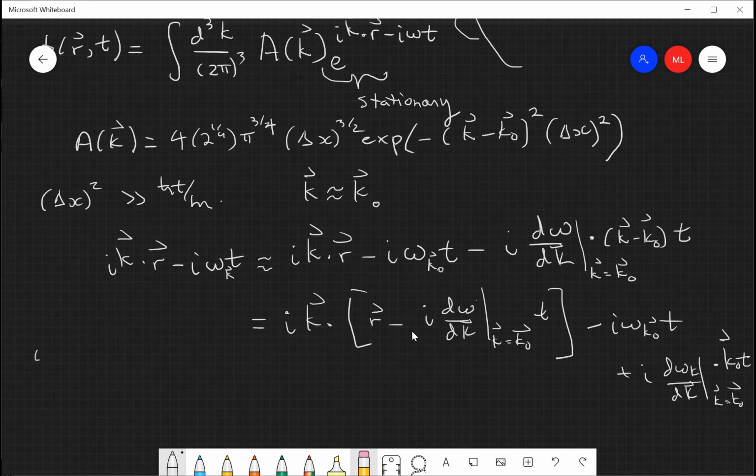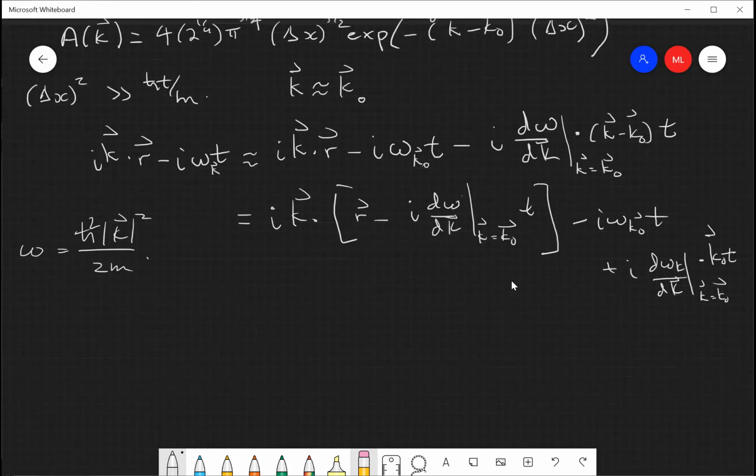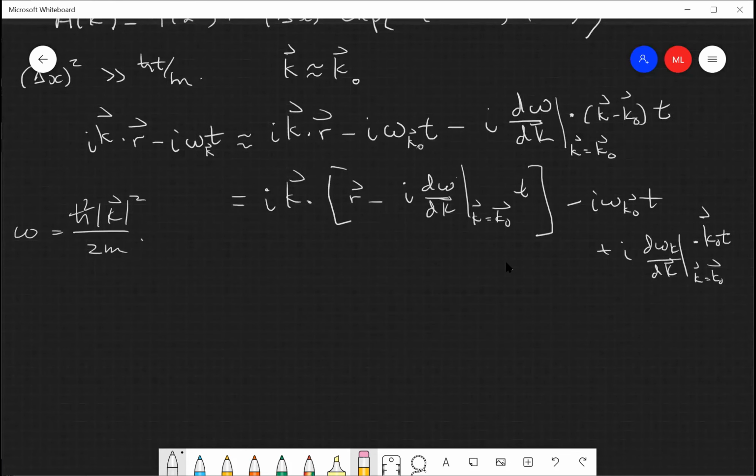And again, omega here is just h bar squared magnitude of k squared over 2m. So it's easy enough to take its derivative. And you see that when you take its derivative, this actually becomes twice this guy. Because if you take a derivative with respect to k, you'll get basically a 2k, and then you multiply by k again times t.